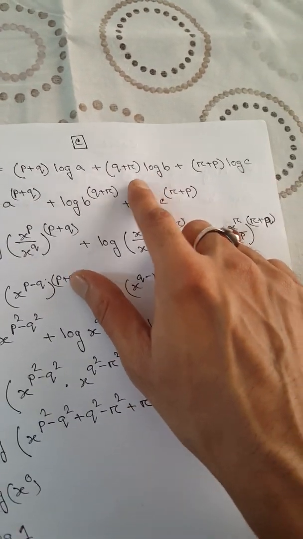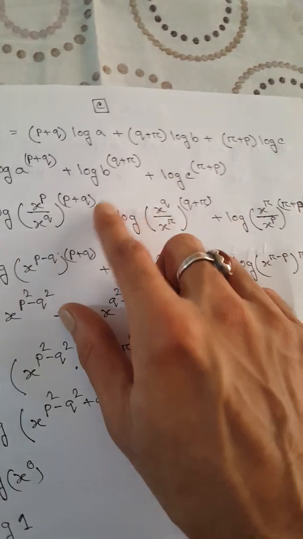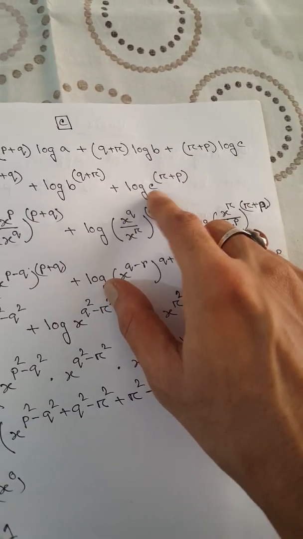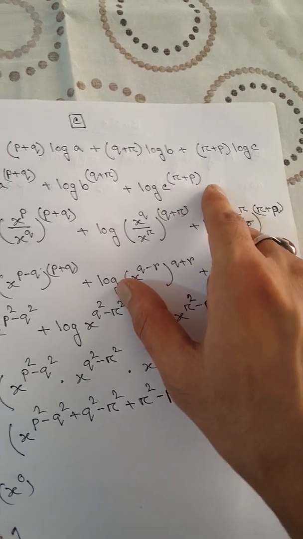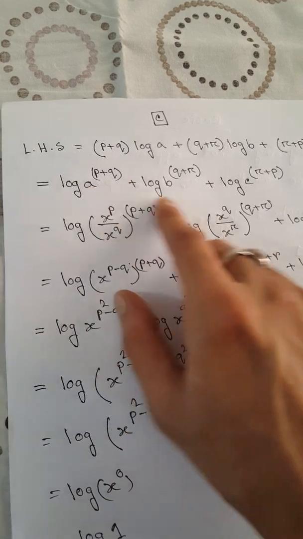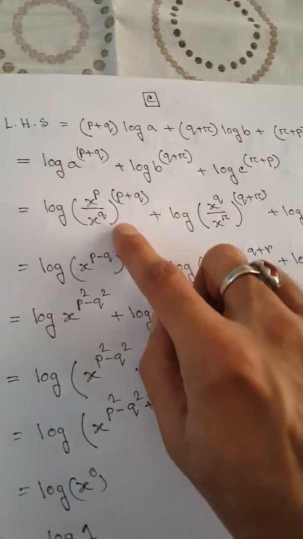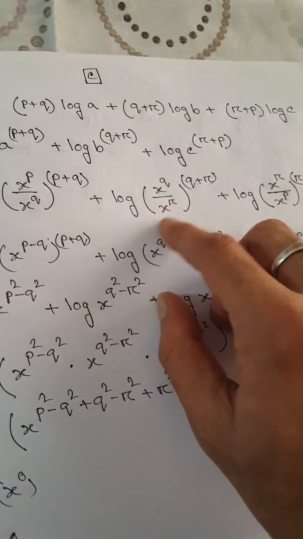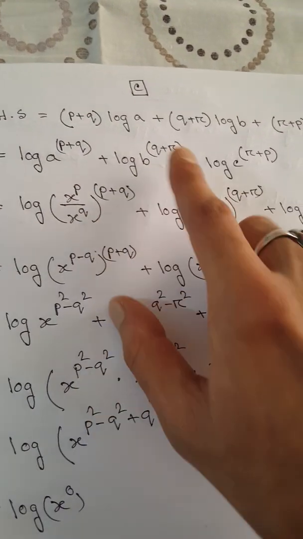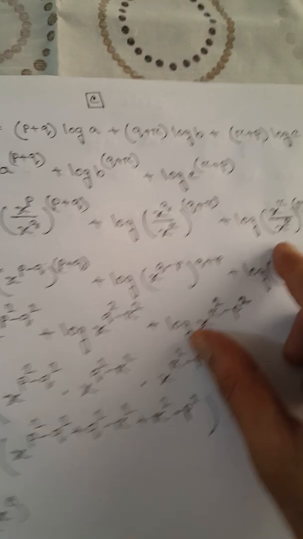The same thing we do in the next two portions: log b whole to the power q plus r and log c whole to the power r plus p. Now we replace a, b and c by their values which are given in the stem. A is equal to this, b is equal to this and c is equal to this.